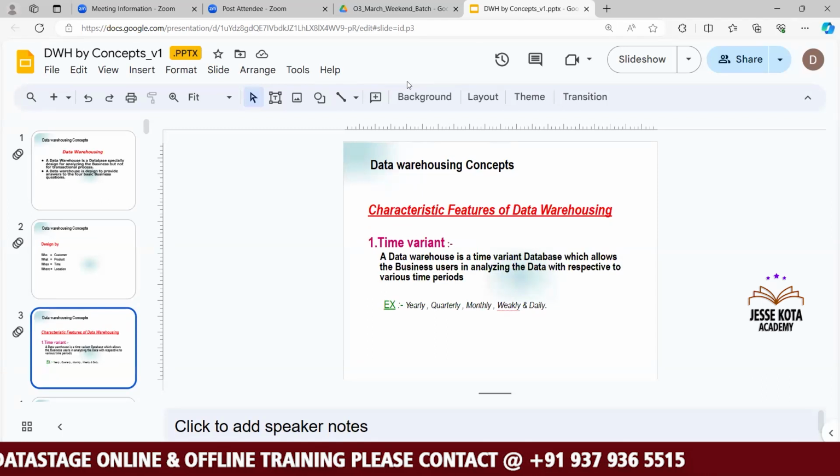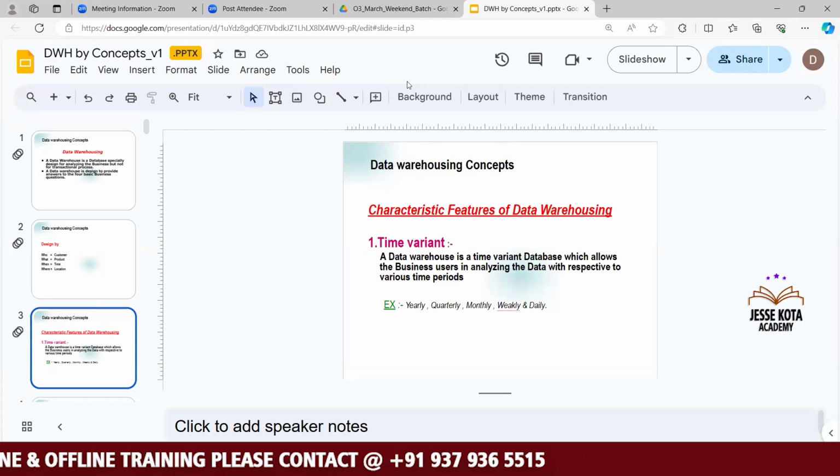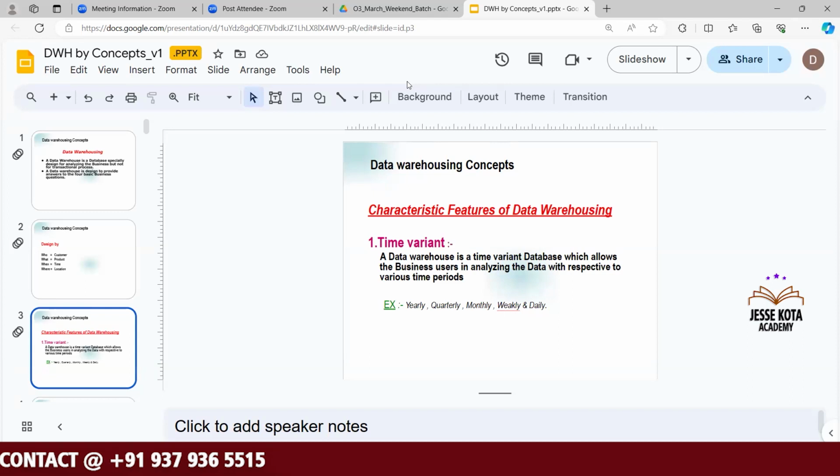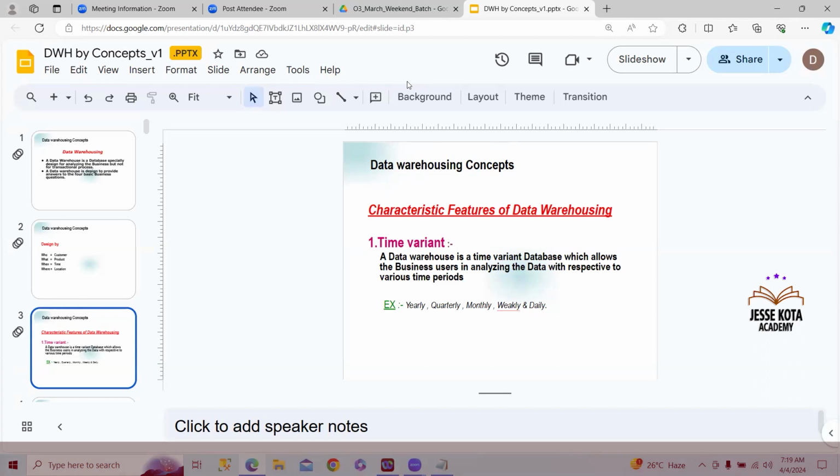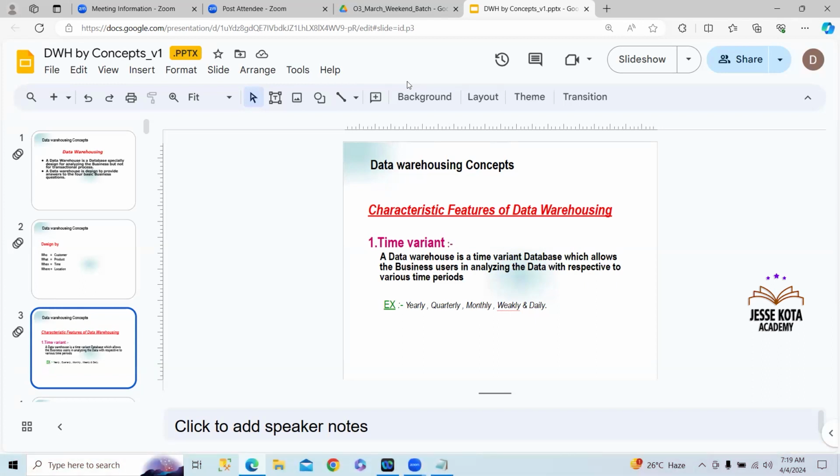Now let's discuss the characteristic features of a data warehouse. Here, time variant database. Just now we discussed, we can analyze the business based on time: yearly, quarterly, monthly, weekly. I can compare the business of the last quarter to the previous quarter.